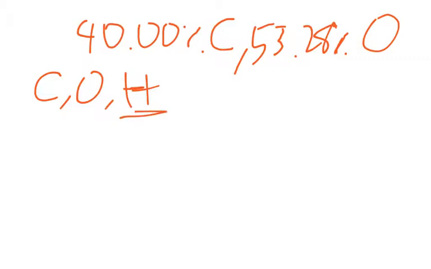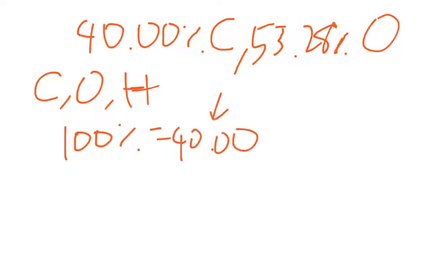So how do we find the mass percentage of hydrogen? Well, the simple answer is you just subtract. So we know that the total mass percentage is 100%, and this is equal to the mass percentages of the individual elements. So it would be 40.00, that would be from the carbon, plus 53.28, that would be from the oxygen.